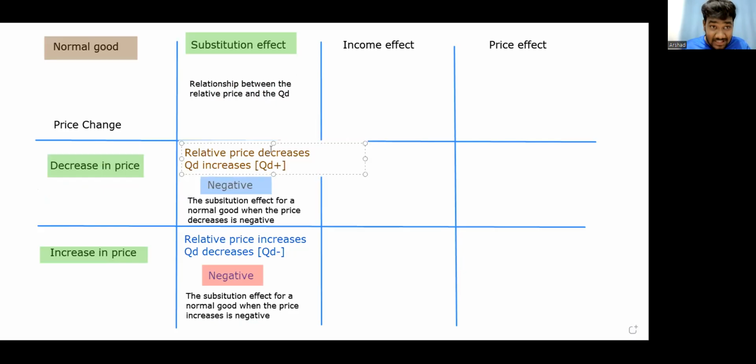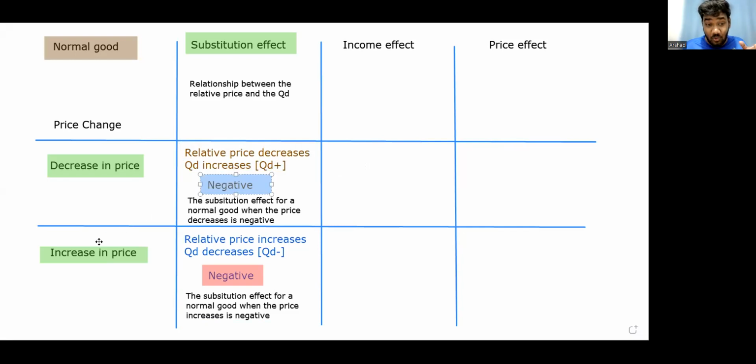That means the good becomes comparatively cheaper. When the good becomes cheaper, people are buying more of it. Quantity demand increases. Relative price decreasing and quantity demand increasing means there is a negative relationship.